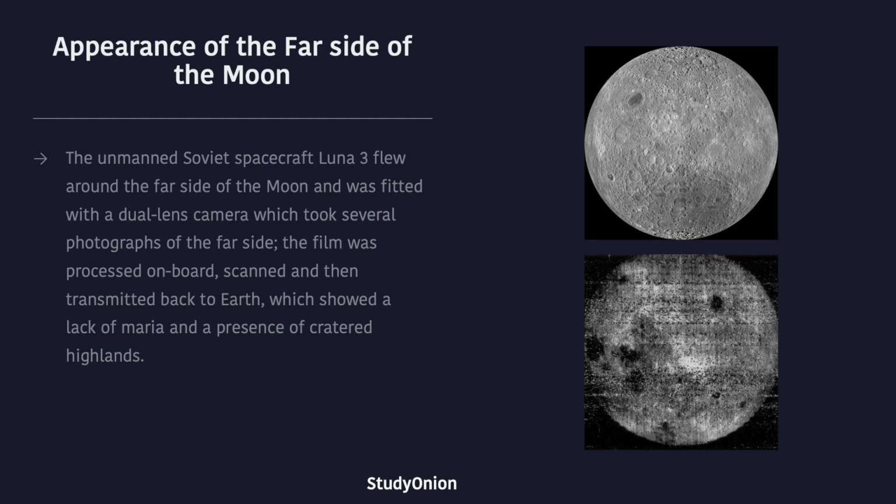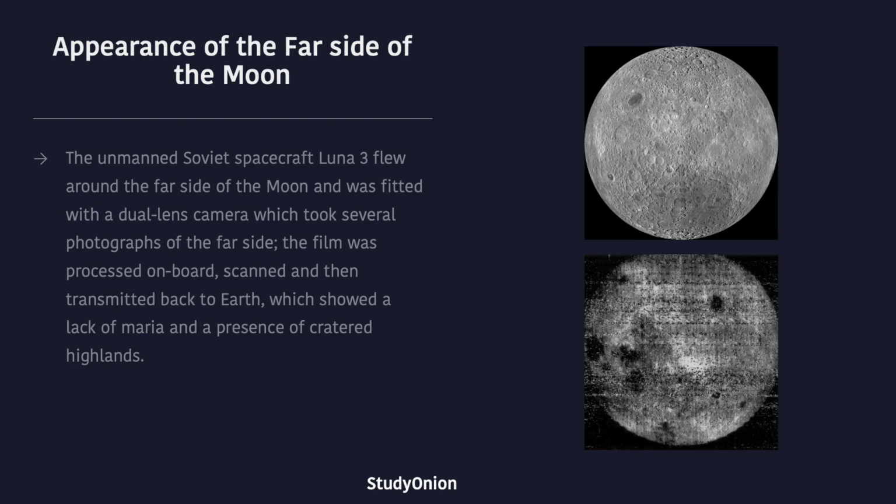Prior to 1959, the appearance of the moon's far side was unknown. The unmanned Soviet spacecraft Luna 3 flew around the far side of the moon and was able to take several photographs of the far side, which were transmitted back to the Earth once Luna 3 was close enough. These images depicted the highly cratered highlands on the far side, as well as the lack of mare.